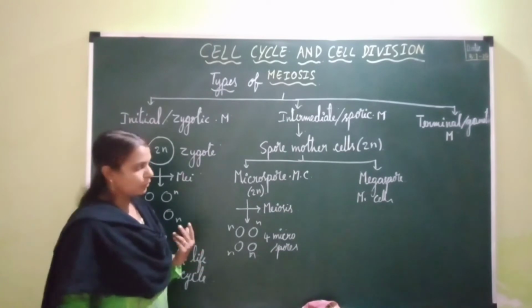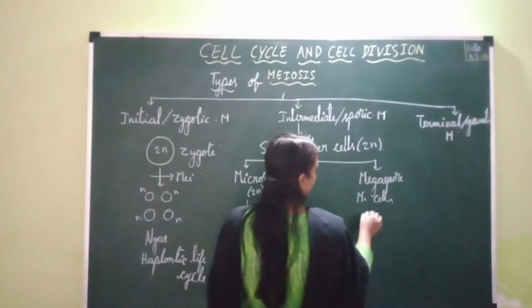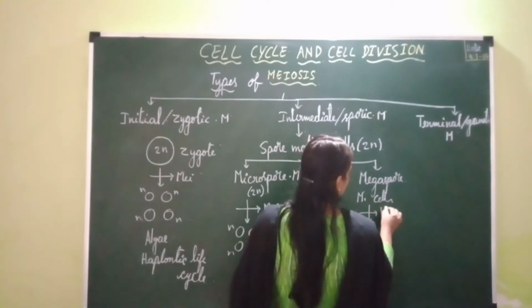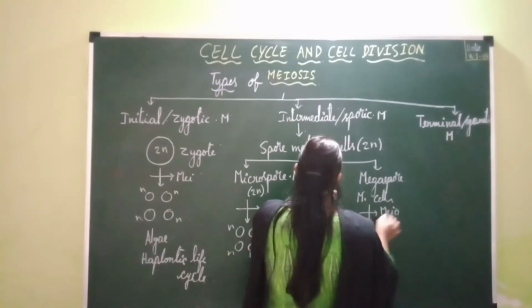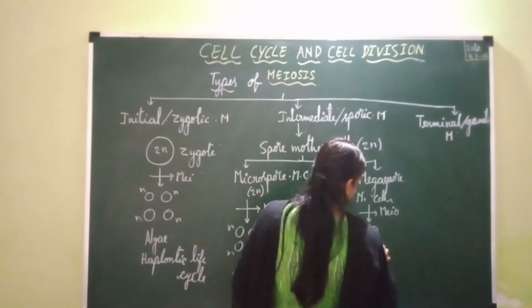Next coming to the megaspore mother cell. When the megaspore mother cell undergoes meiosis, it also results in the formation of 4 megaspores, or large sized spores.